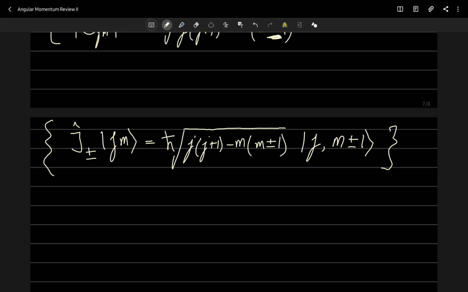But of course we would be needing a lot of tools, and that's what we are actually developing right now. We would have to look at even the perturbation theory. So we will quickly revise perturbation theory as well in one of the lectures. So that's it for this angular momentum.